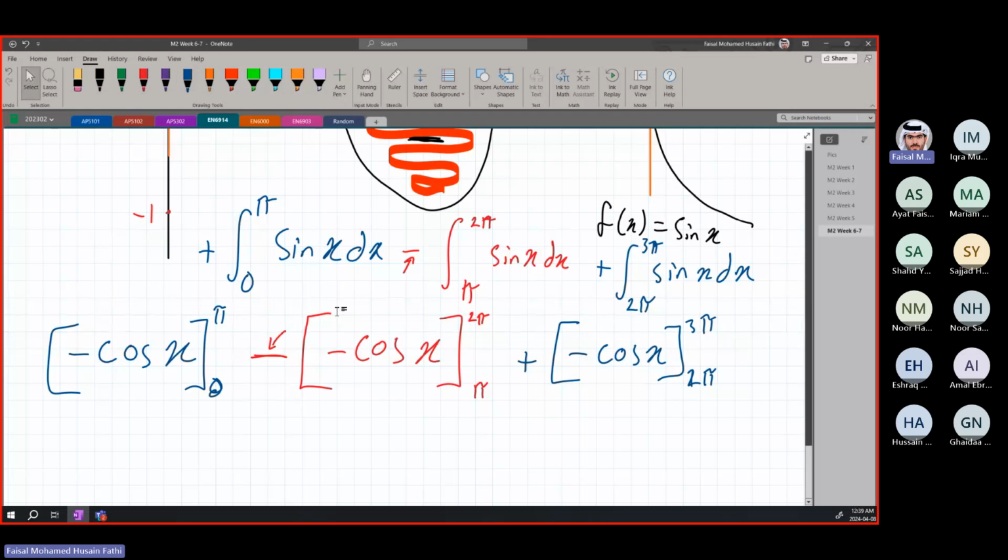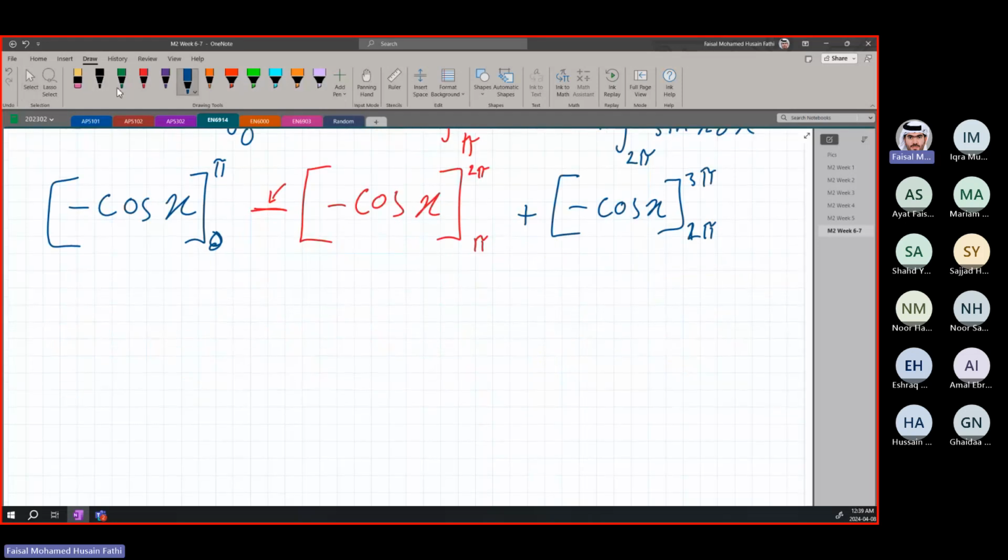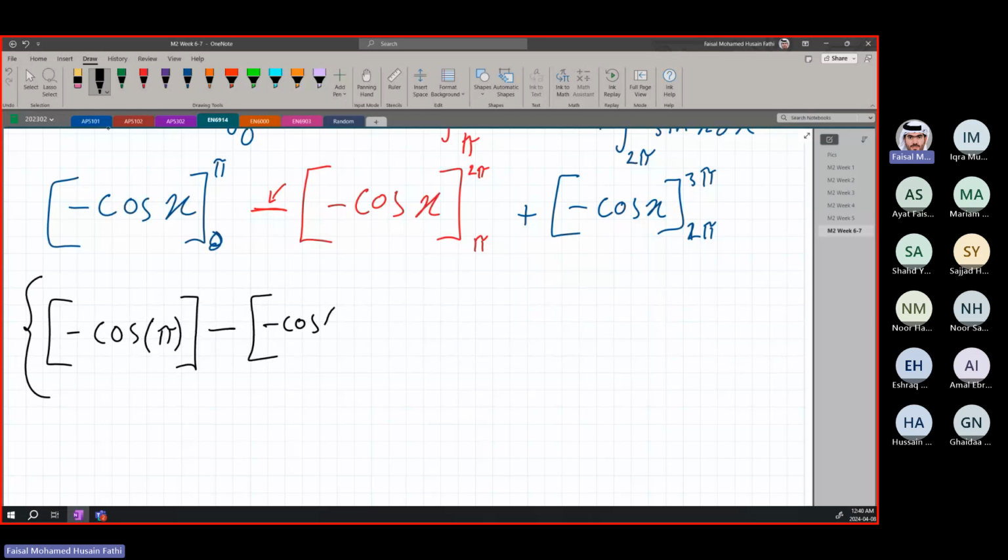And then you will simplify this. You write minus cosine of x, which is pi. This is the first part, minus the second part, which is minus cosine of 0, sorry. This is the first part. Then you will have minus the second part.